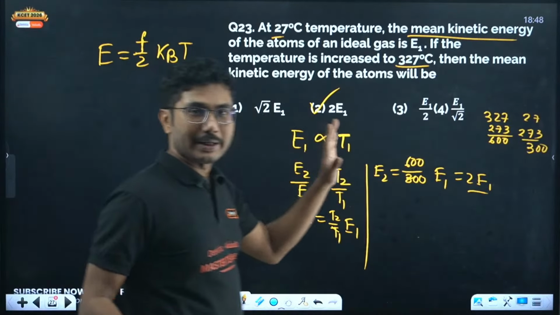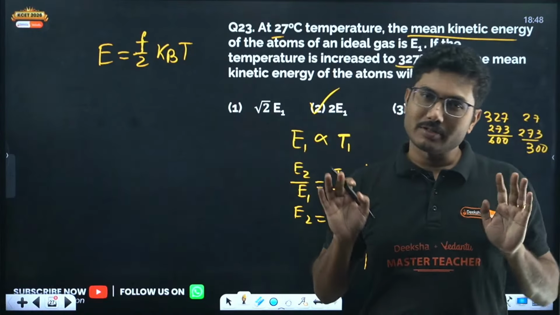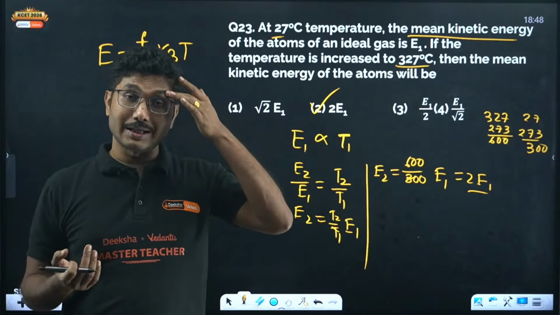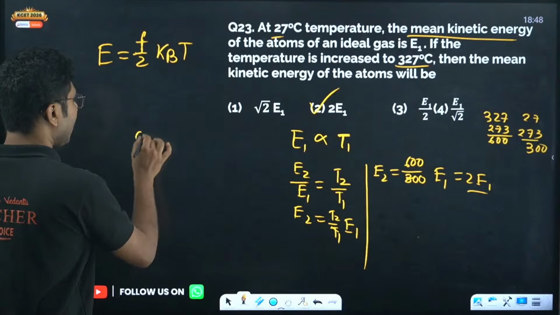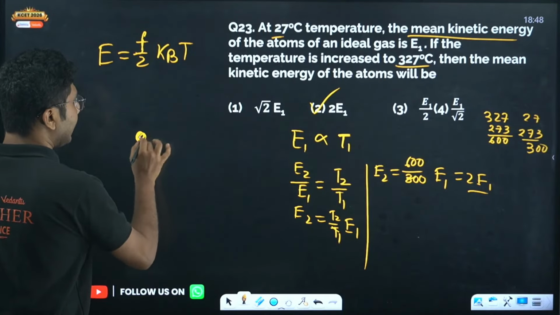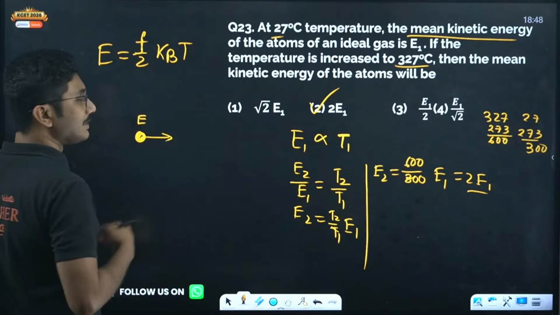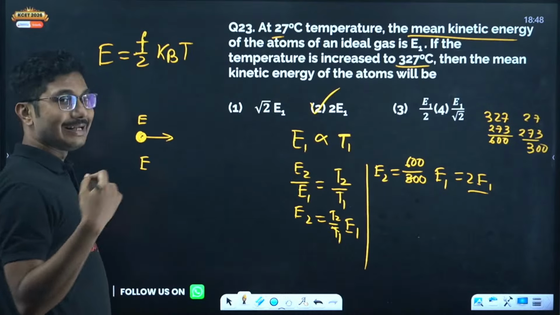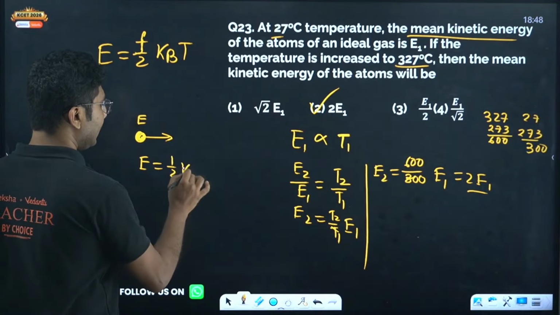Question 23 is very simple. It is equipartition of energy. If you have studied it in first PU, you know. If you have not studied, you need to understand that the mean energy of a molecule of an ideal gas is given by a very simple formula, which states that energy per degree of freedom is half kBT.